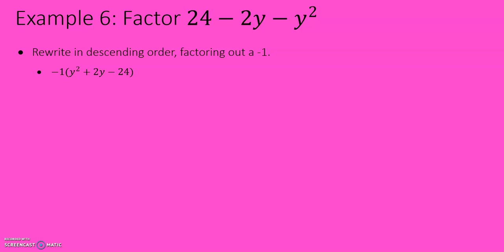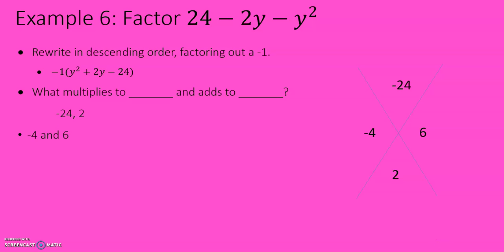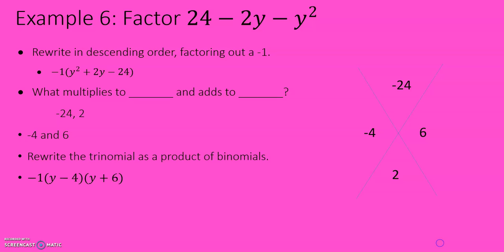So what multiplies to negative 24 and adds to positive 2? It's going to be positive 6 and negative 4. We just need to rewrite the trinomial as a binomial, so it's negative 1 times y minus 4 times y plus 6.